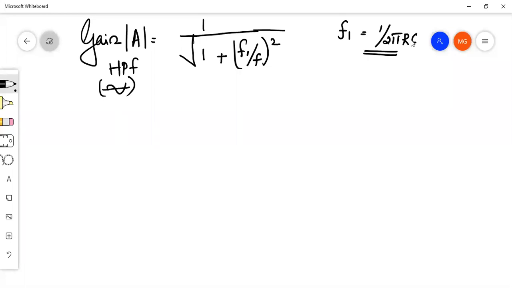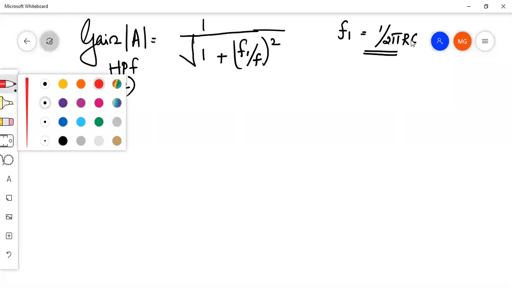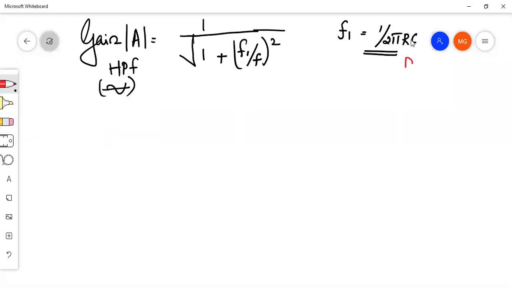Which is the variable? In the equation for capital A, we have two terms, that is f1 and f. So which is the variable and which is constant? After the design is done, R is a constant, C is a constant.